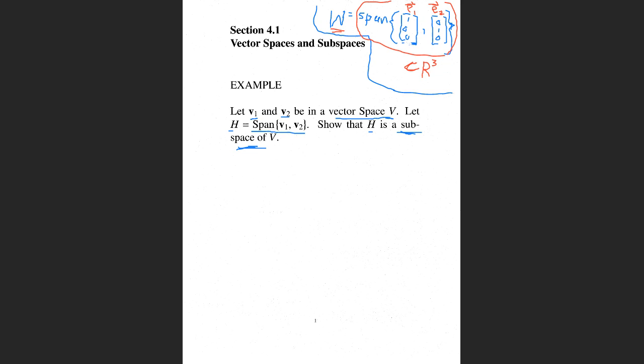So here what we're doing is defining the space H to be the span of two vectors. And we want to show that H is a subspace of the vector space V. So let's go ahead and show that. Are there any questions so far? All right.